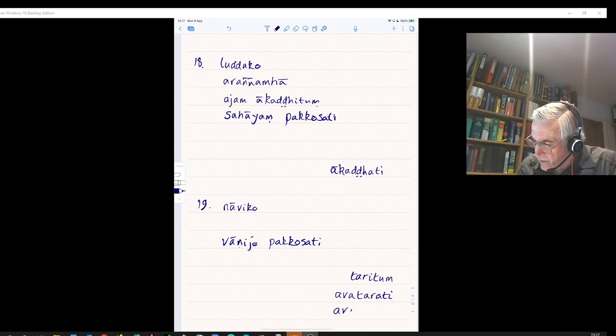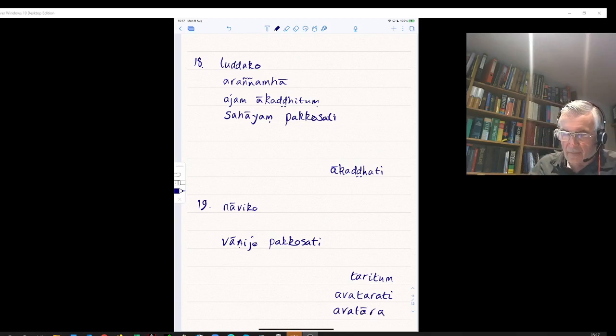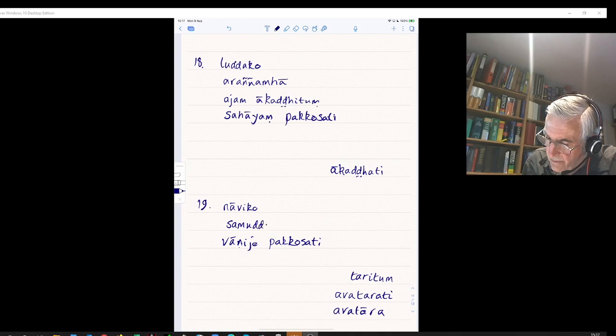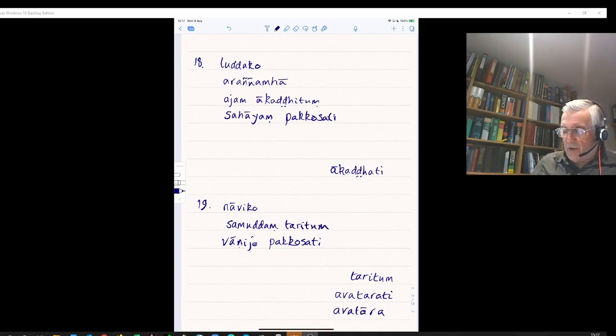And from that we get avatara. So avatar, somebody who crosses down. So to cross the sea then would be samuddam taritum. So the whole sentence then reads: Naviko samuddam taritum vanije pakosati.